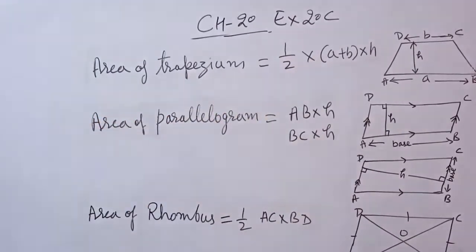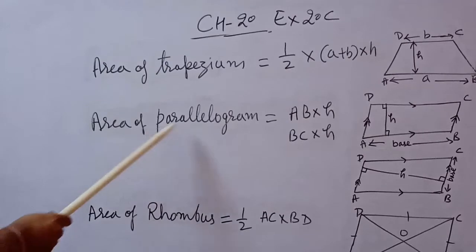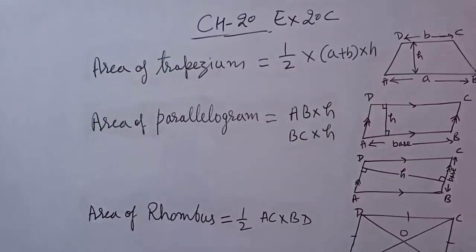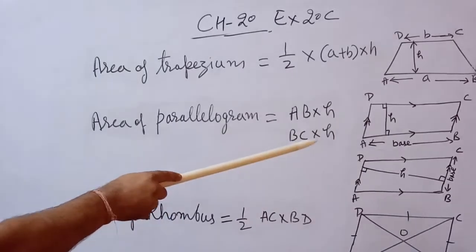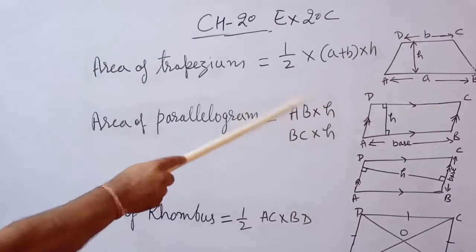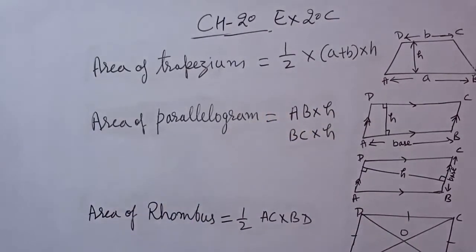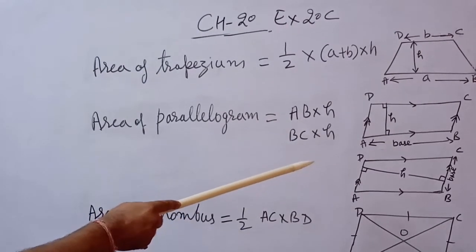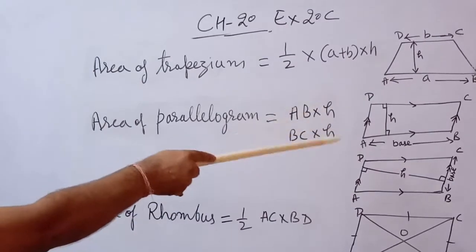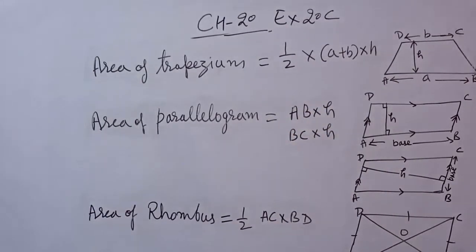Just see the figure. Now we are taking the area of a parallelogram. I made two parallelograms here. The first is ABCD, in which we are taking AB as the base. Whenever we take a base, we take H as the perpendicular, or height.